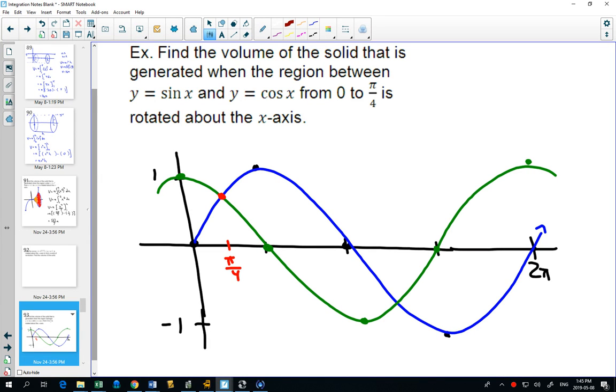How do I know they intersect at pi over 4? Well, maybe you think of your x and y coordinates on your unit circle at pi over 4. They're both root 2 over 2. So it's a place where both the sine graph and cos graph meet.